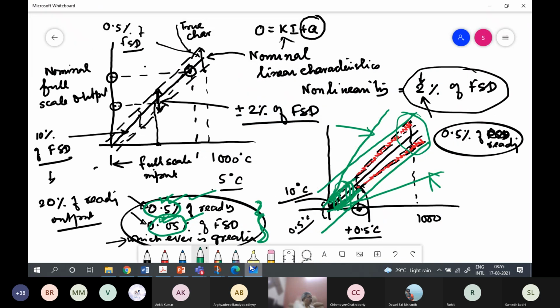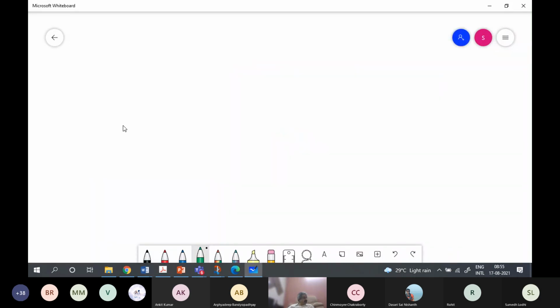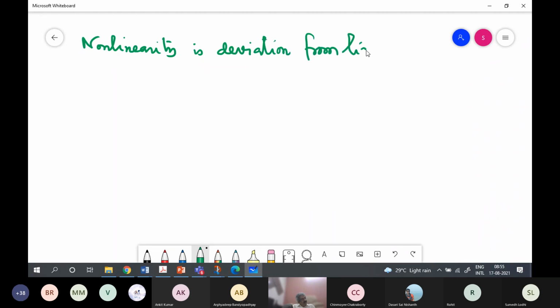So whenever we are talking about nonlinearity, we have to say that nonlinearity is what? By the way, another interesting thing, let me go to a new board. So nonlinearity is deviation from linearity, linear characteristics.